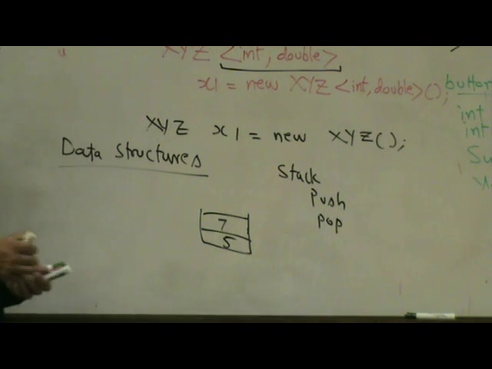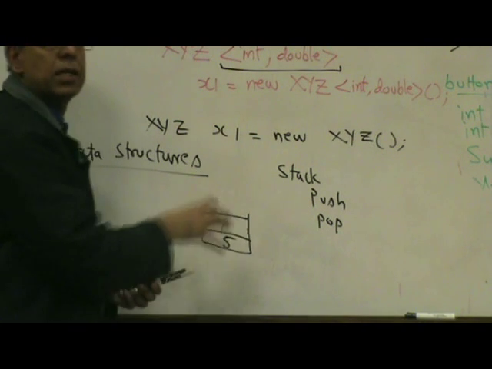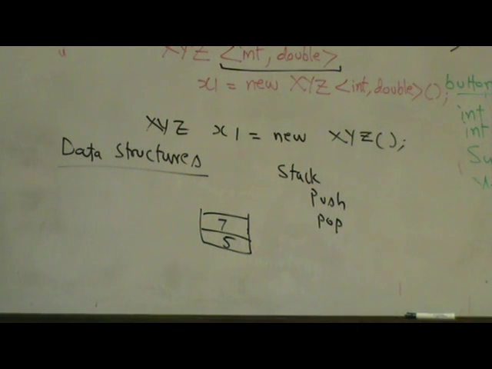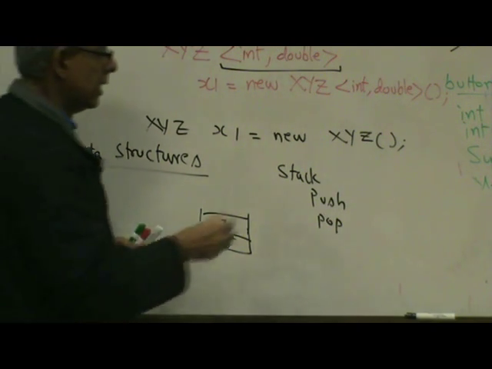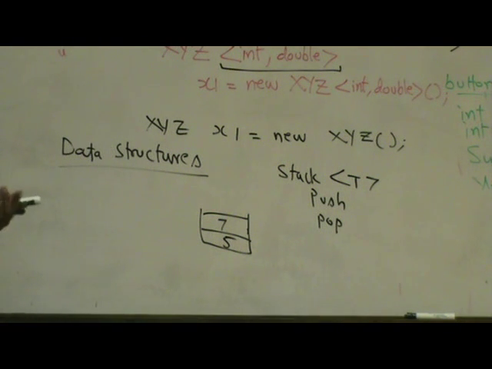So what if you wanted a stack of strings? Rather than creating a class where the data type of the storage keeps changing, what if you wanted to create a stack of students, right? Class object. So as you can see in this situation, if we created the stack as a complete generic class, then the caller can say, create a stack of int, create a stack of double, right?